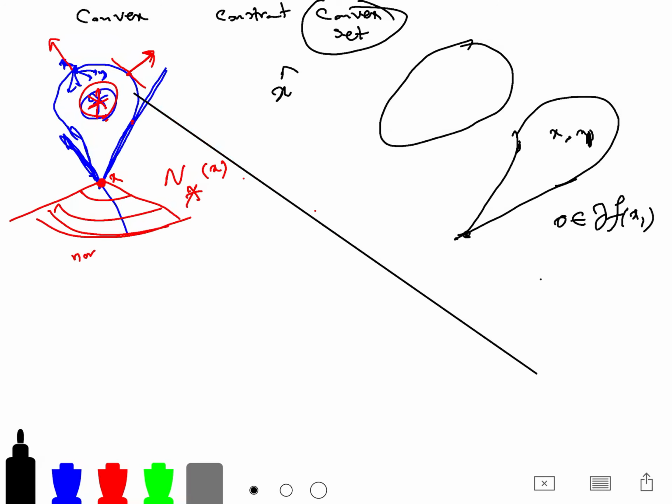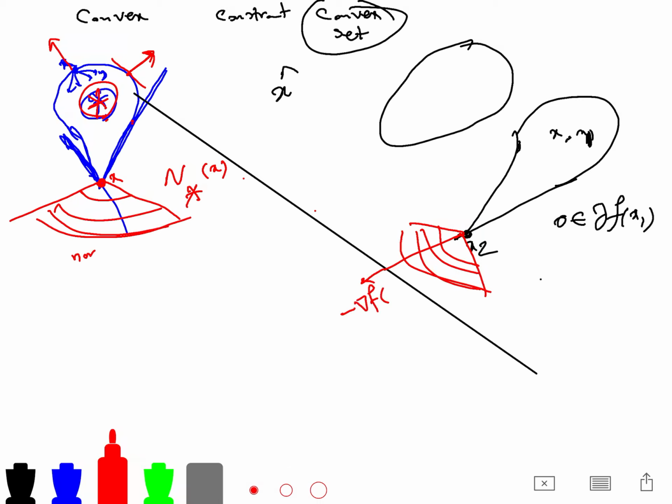But if x is here, x2, then you are interested in points where this is the normal cone, and this vector is minus gradient of f at point x2.